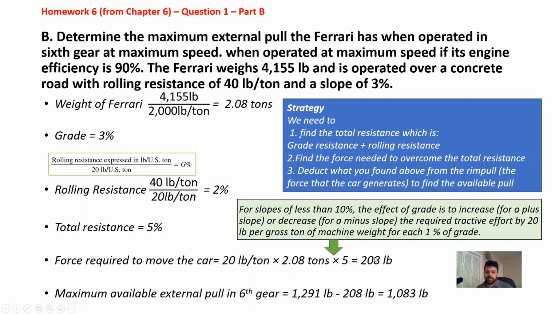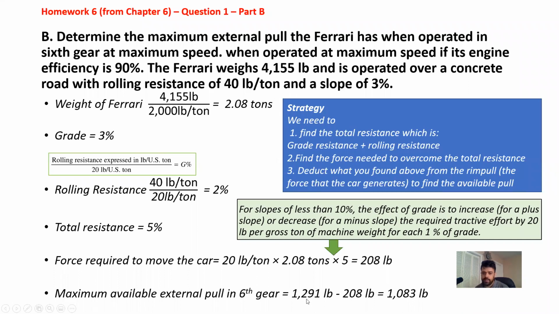Now, the maximum available external pull in the sixth gear is what? It is the power that the machine generates, and that's the rim pull. We found it in the previous step. It was 1,291 pounds, of which this much goes to overcoming the resisting forces, the summation of rolling plus grade resistance.